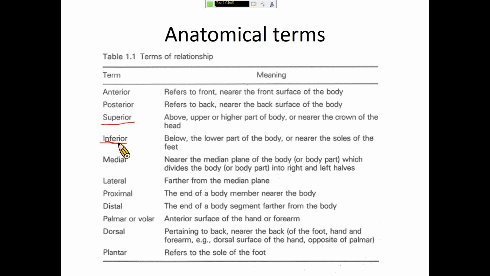I pull this arm laterally. Right? That's how you use it.